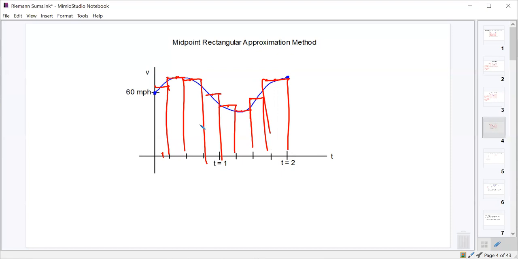We'll note that with this one, we get some pieces that are extra and some pieces that we're leaving off. And so whether the function is increasing or decreasing, it doesn't actually tell us whether it's an under or an overestimate. Everybody good with that?